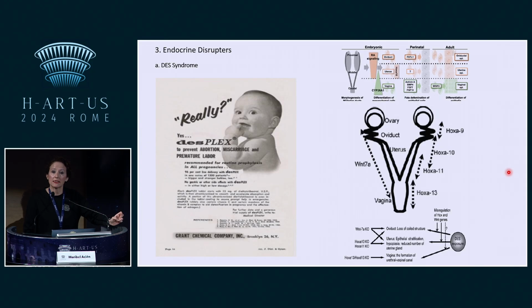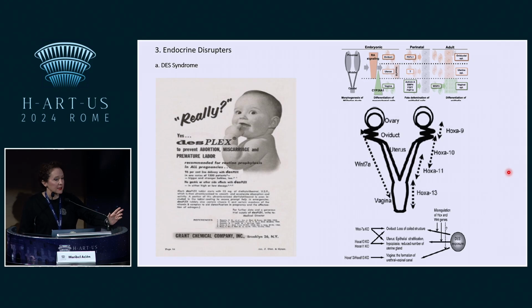The most recent clearly known endocrine disruptor of the female genital tract has been diethylstilbestrol, and this drug with an estrogenic effect was prescribed between 1940 and 1970 to avoid miscarriage in pregnant women.